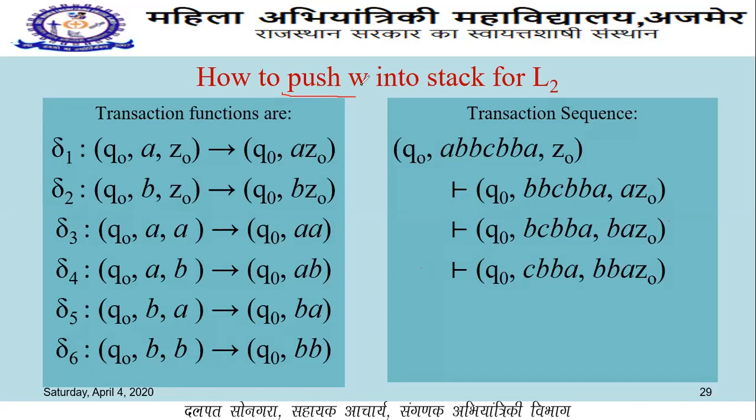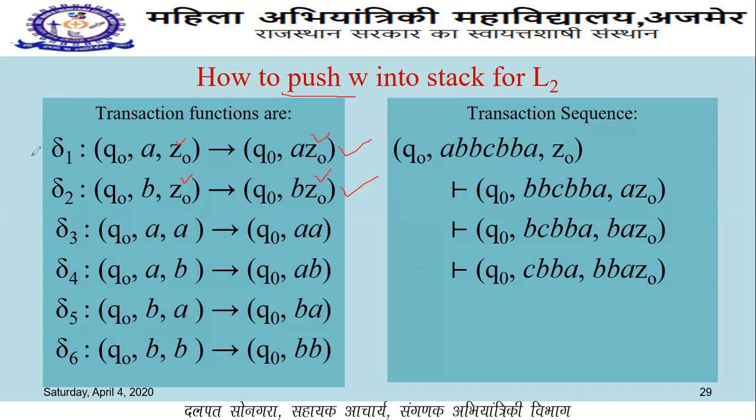So delta 1 and delta 2 are the initial situation, when the top element of the stack is Z0. If we read a or b from the input string and the top element is Z0, then we push it by using delta 1 and delta 2.